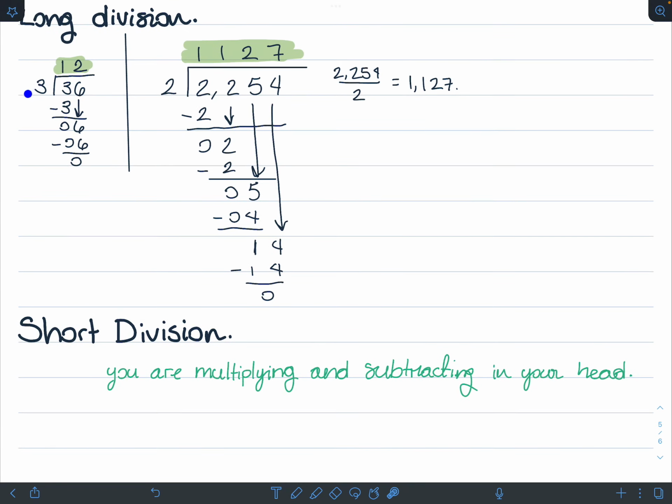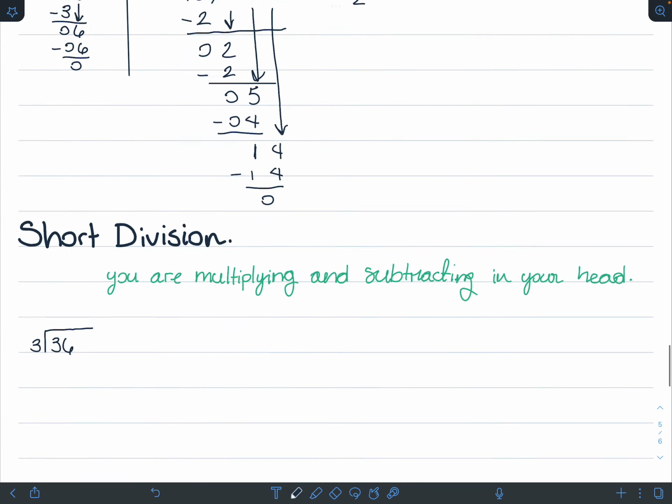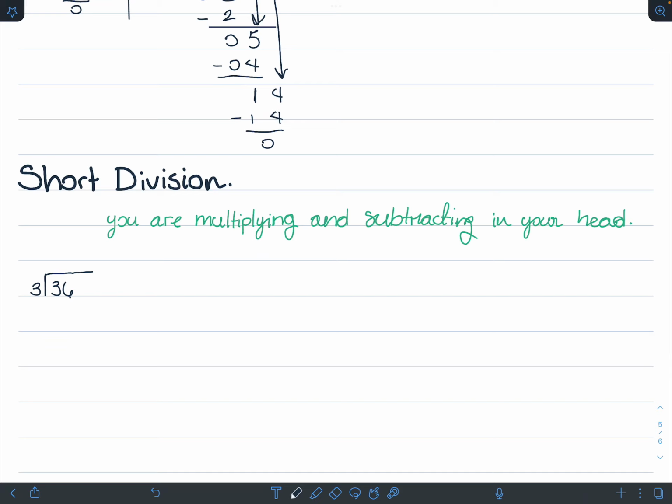So let's use the same problem of 36 divided by 3 in short division. So 3 divided by 36. We have 3 times what gives me 3? 1. In our head, I'm going to say 3 minus 3.